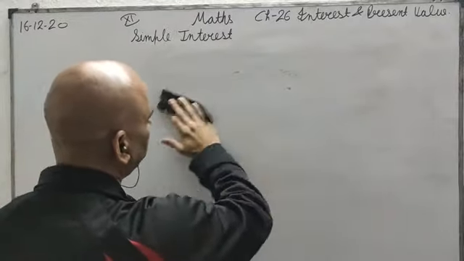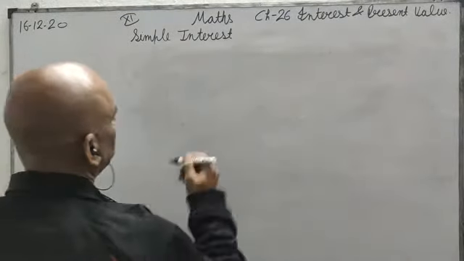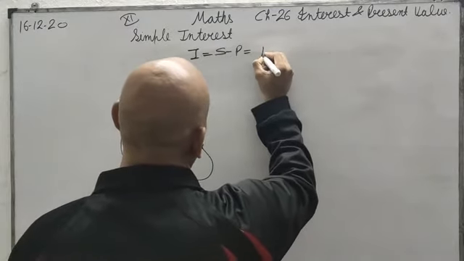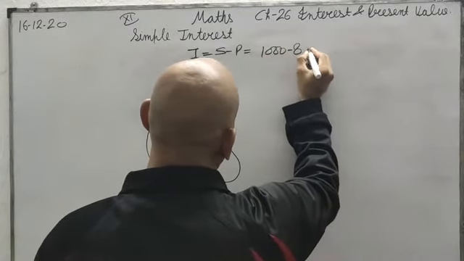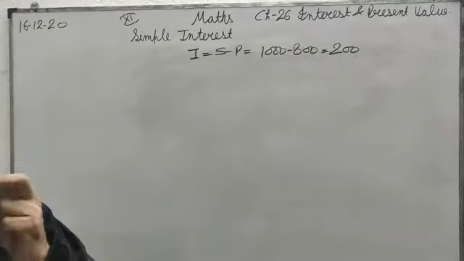We will calculate the interest. So interest is equal to sum minus principal. 1000 minus 800, 200 is the interest.